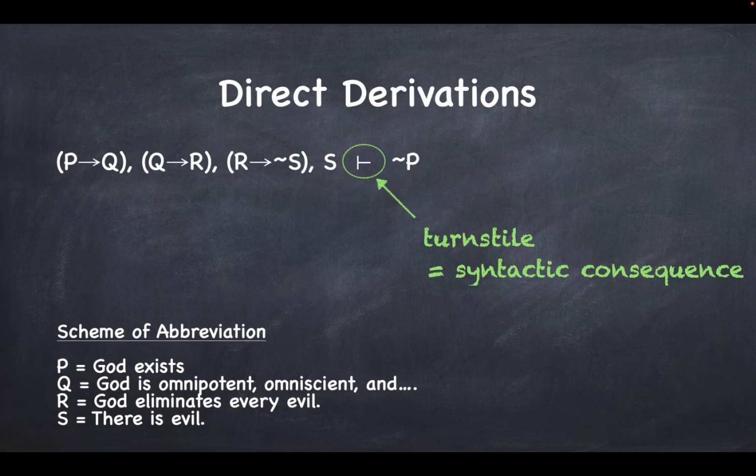But going forward in the book, on Carnap, and in a lot of the problems, you'll be given premises as sentences separated by commas, a turnstile representing syntactic consequence or validly implies, and the conclusion will be on the other side of the turnstile.